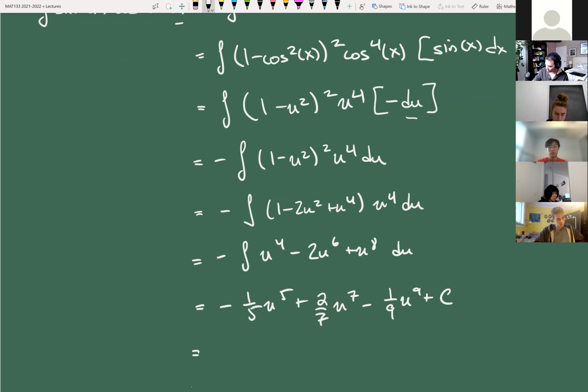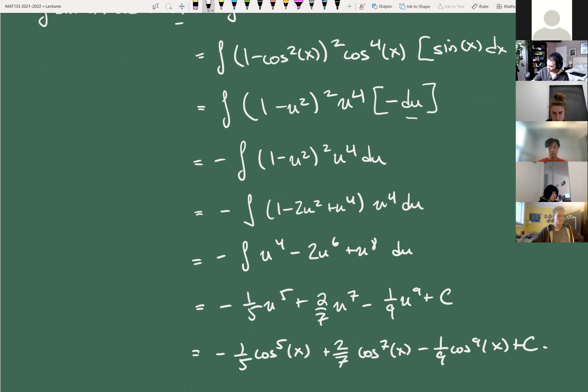Because it's an indefinite integral. And then what did we do? u is cos, so negative 1/5 cosine to the 5 of x plus 2/7 cosine to the 7 of x minus 1/9 cosine to the 9 of x plus c. And there we go, we have it. Okay?